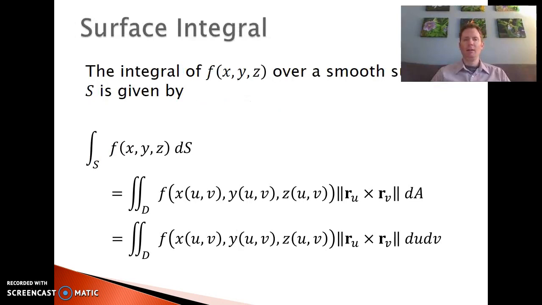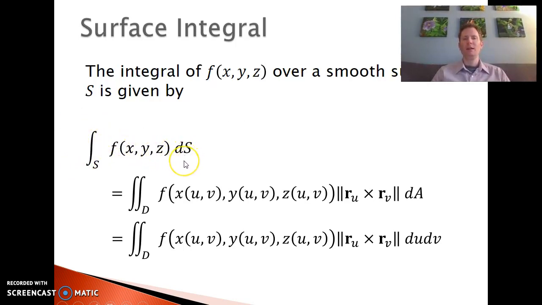Now we want to look at a further extension of the surface integral. What if we want to integrate some function over a smooth surface, a function other than 1, but still a scalar function? Notice this is f of x, y, z. So it's not a vector function, it's a scalar function. So we have the integral of f of x, y, z ds.